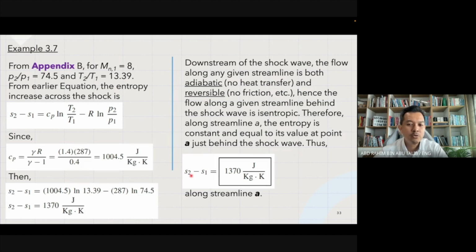Thus, S2 minus S1 along streamline A equals 1370. So basically, behind the normal shock wave and in front, this is the value at streamline A.